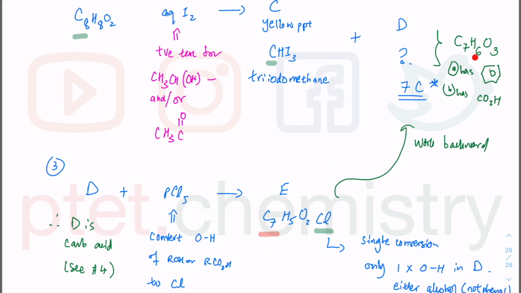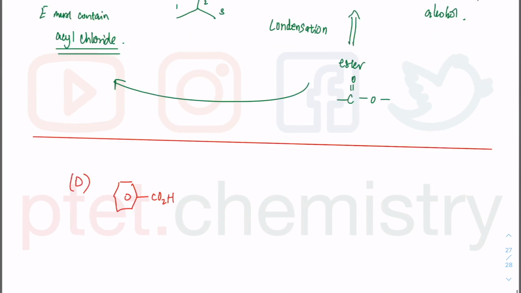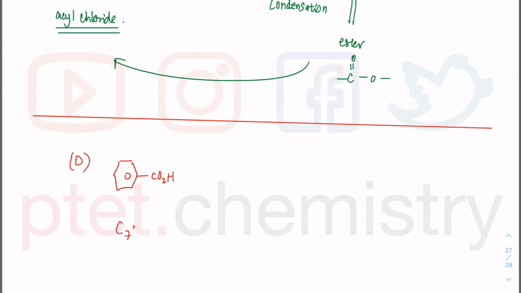So C7H6O3, this should be D. Let's just double check. We have 6 carbon, 7 carbon. We have 5 hydrogen, plus 1 is 6 hydrogen. We have 2 oxygen, but here is 3 oxygen.